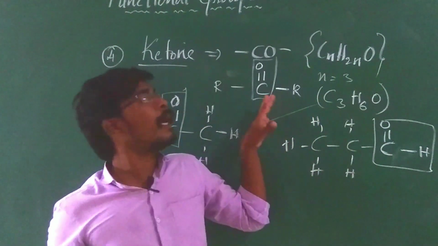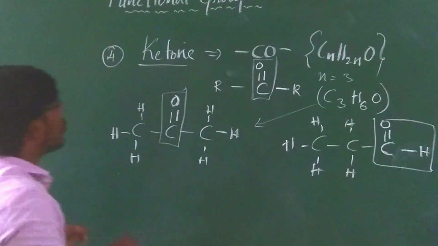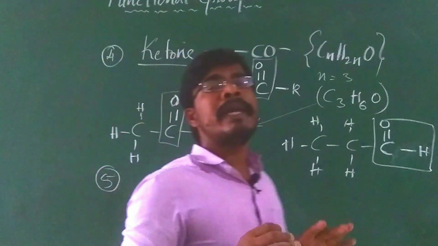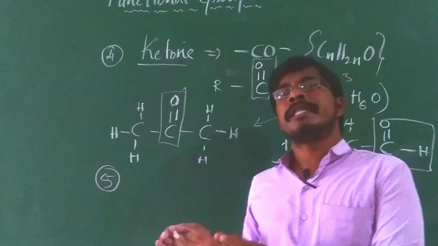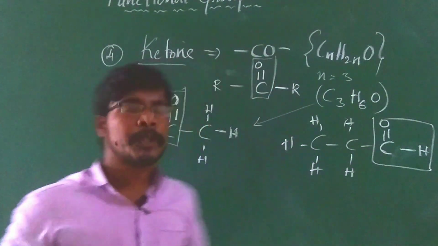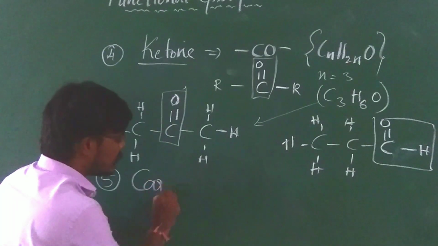So this is about your functional groups, and the last functional group you have. Only the functional groups needed for the 10th syllabus, only them I am explaining. So let us go with the next one. It is carboxylic acid.